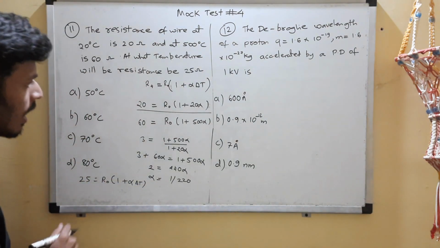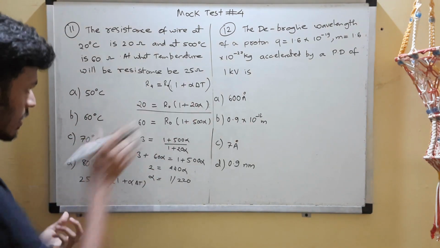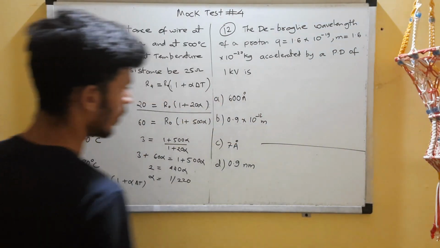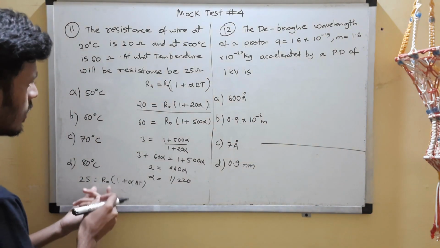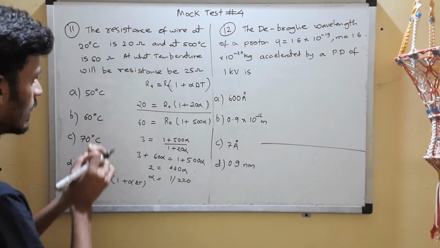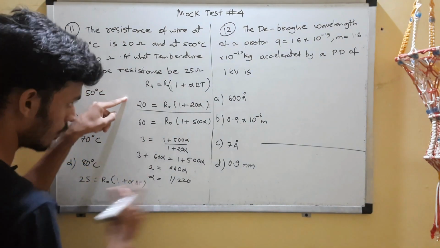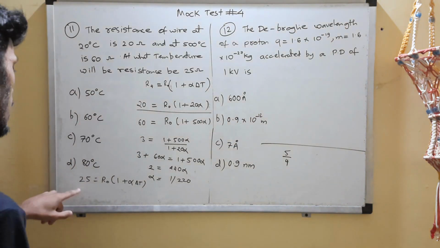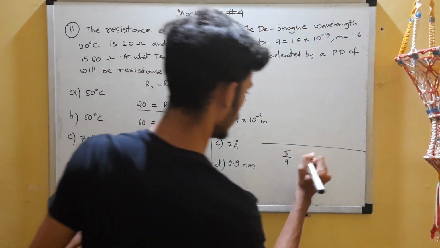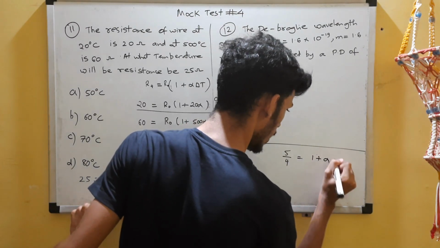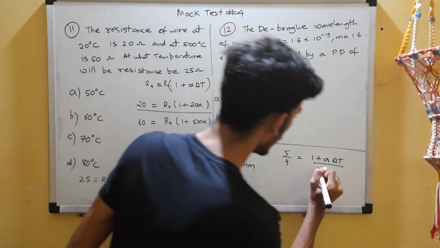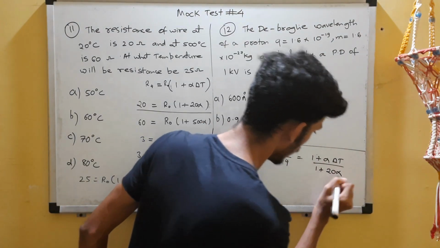Now let us divide this by this. What will we get? Let me do that over here. If I divide this by this, R0 of course gets cancelled, 5 4s are 20, 5 5s are 25, and here we'll have 1 plus alpha into delta T, divided by 1 plus 20 alpha. Now just solve it.